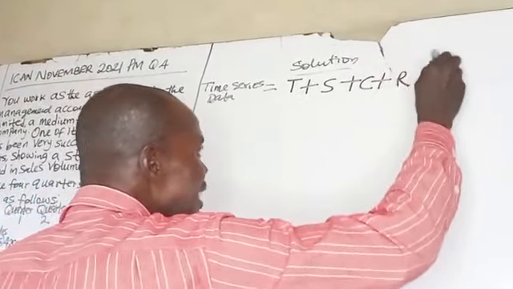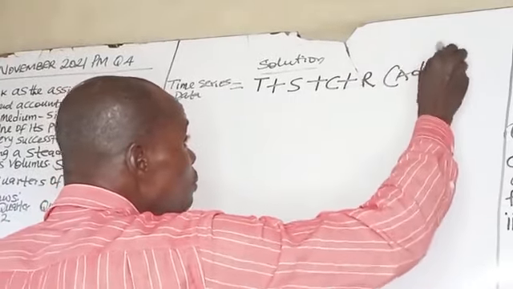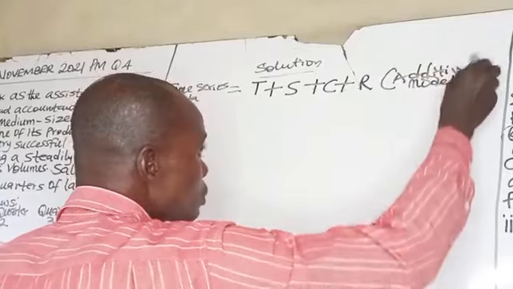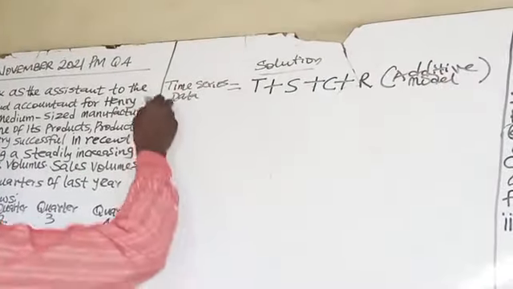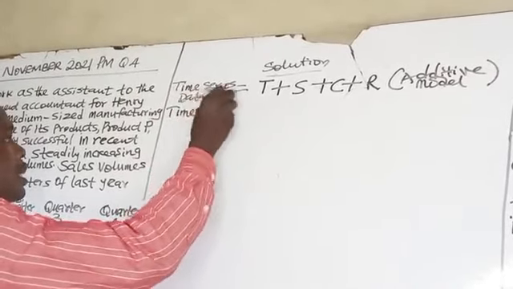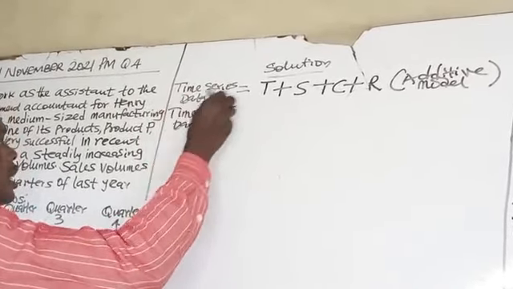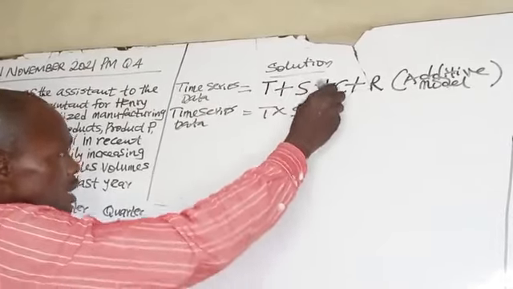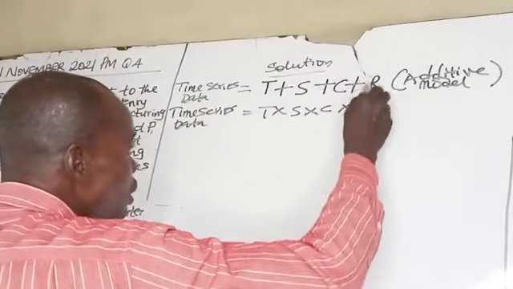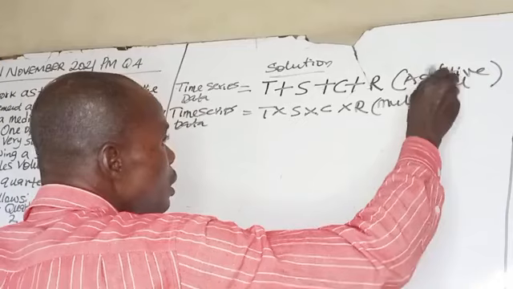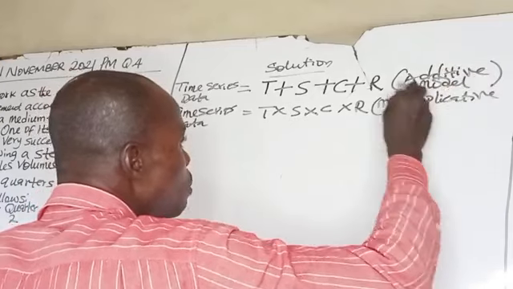This is using the additive model. But for the multiplicative model, time series data equals T times S times C times R. This is the multiplicative model.